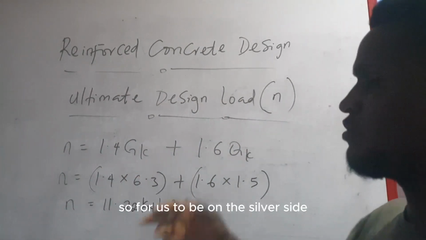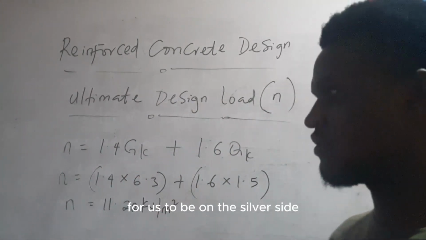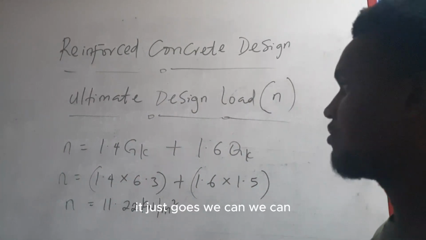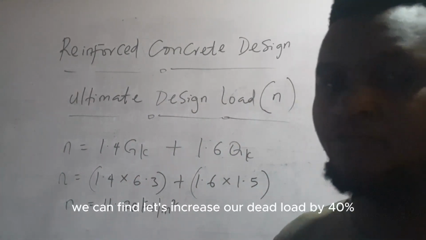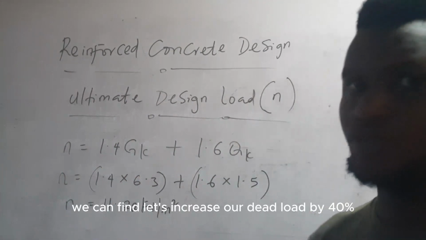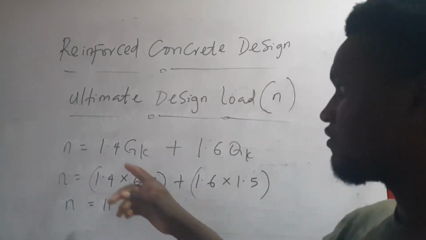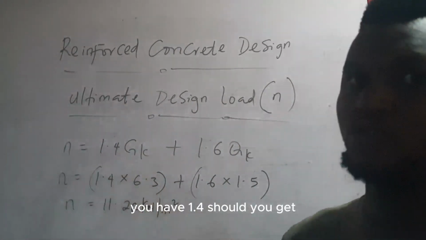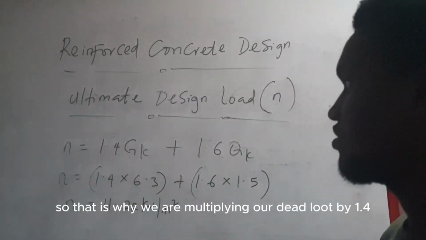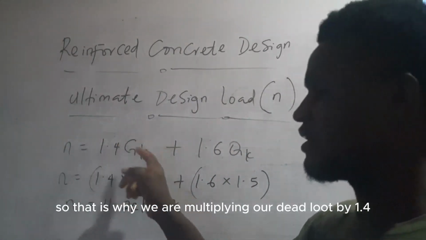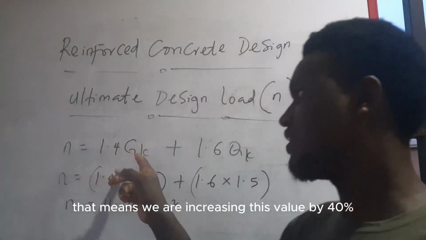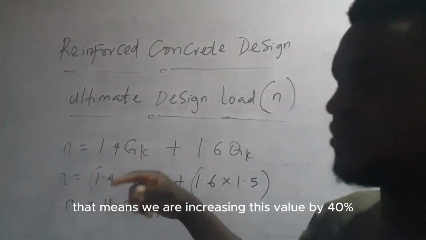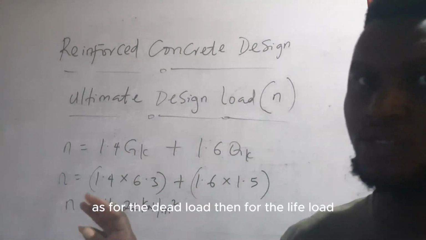So for us to be on the safe side, we say, okay, fine, let's increase our dead load by 40%. 40% of 1 is 0.4. When you add it to 1, you have 1.4. So that's why we are multiplying our dead load by 1.4. That means we are increasing this value by 40%. That's for the dead load.